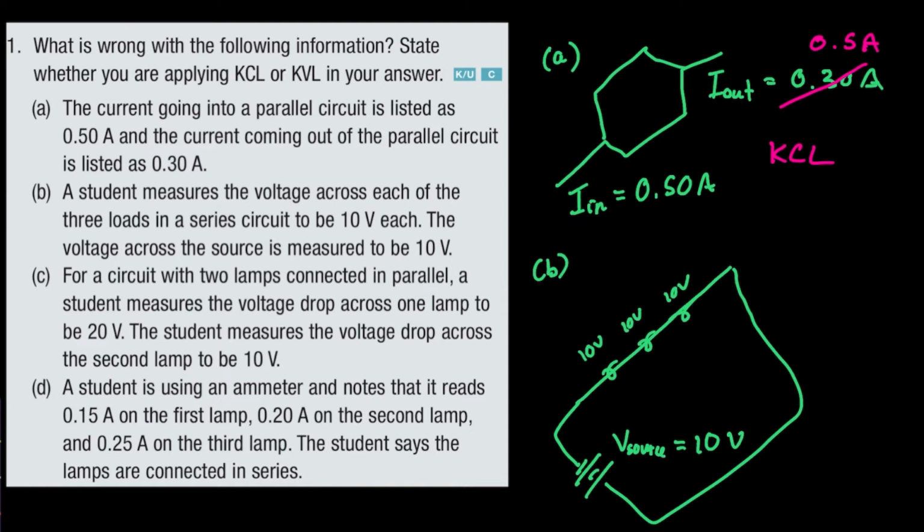So the only way this would be true is if the source, the initial voltage was 30. So that way it loses 10 in the beginning, then 10 more, and then another 10. So in total it lost all of the voltage that it started with, which is in accordance with Kirchhoff's voltage law.